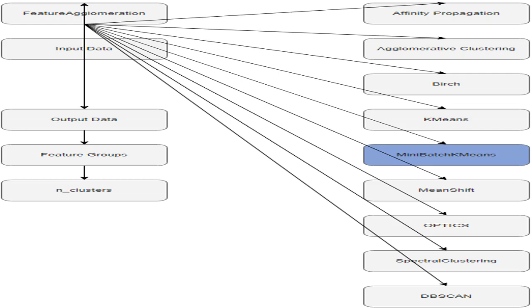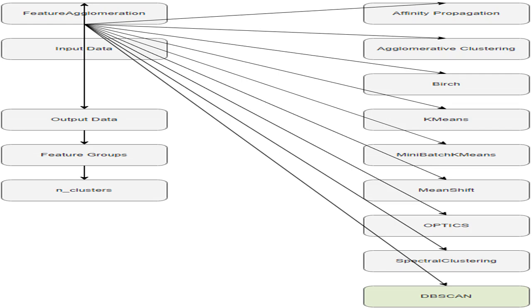Passes grouped data to the mini-batch K-means clustering algorithm. Mean shift. Passes grouped data to the mean shift clustering algorithm. Optics. Passes grouped data to the optics clustering algorithm. Spectral clustering. Passes grouped data to the spectral clustering algorithm. DBSCAN. Passes grouped data to the DBSCAN clustering algorithm.